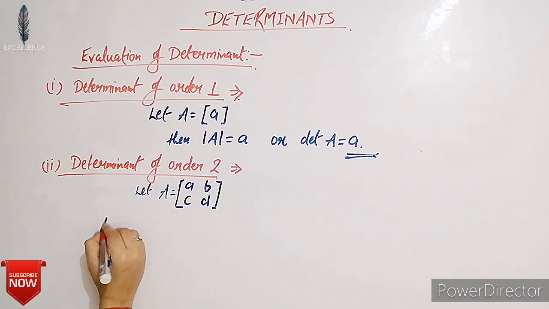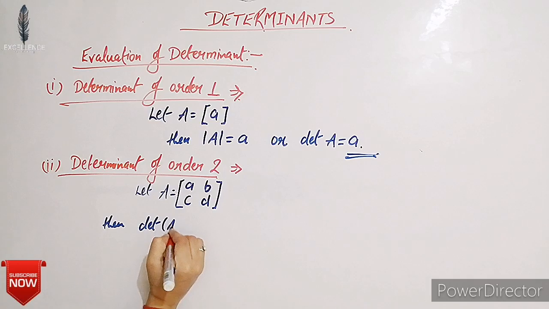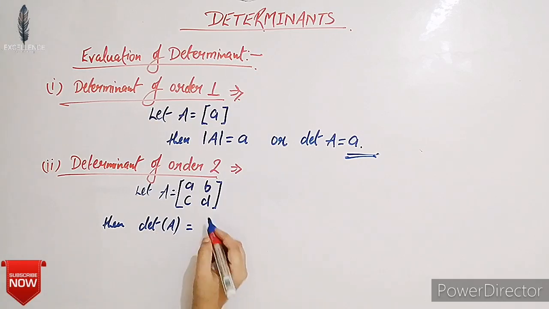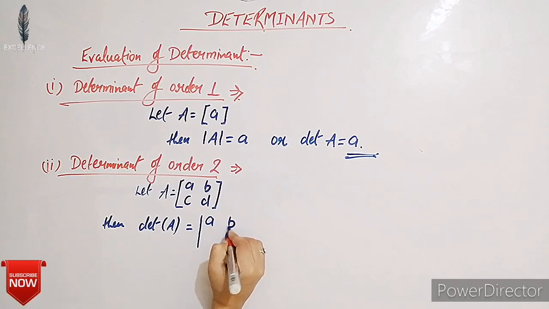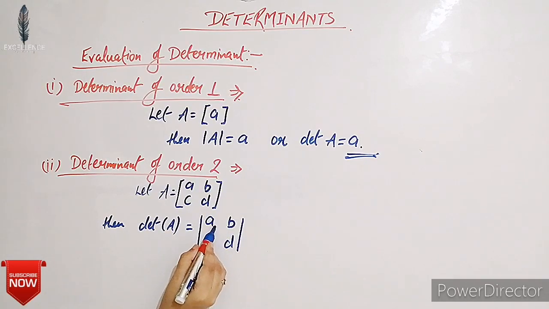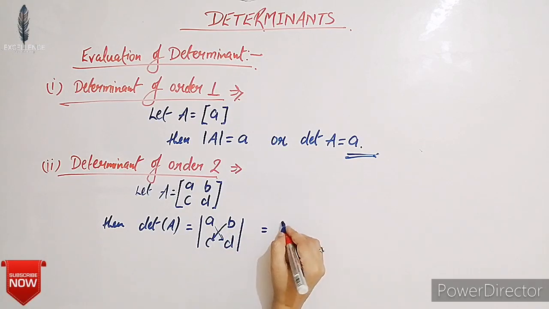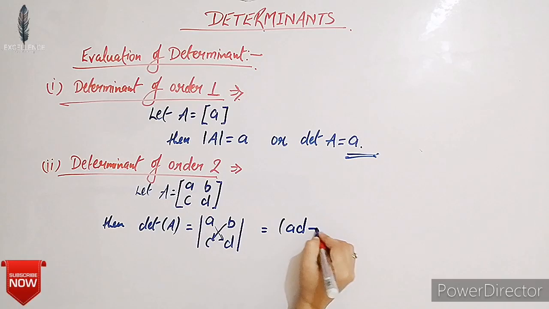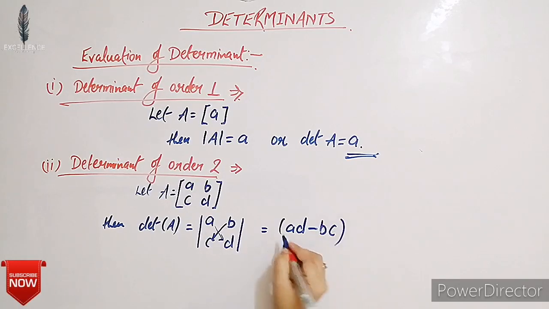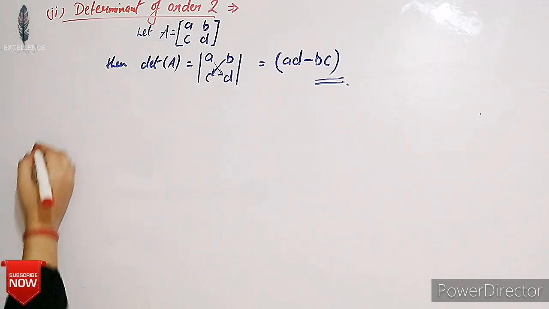Then its determinant is equal to the determinant of these elements a, b, c, d. Now multiply a into d and b into c. Then its evaluation is ad minus bc. Okay, clear? ad minus bc.